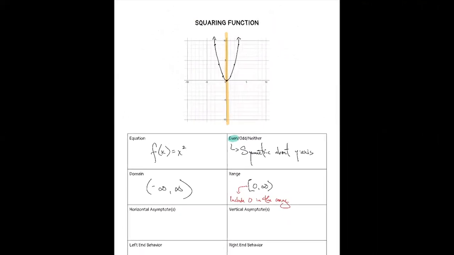All right, tell me about vertical asymptotes. Are there any vertical asymptotes for this function? Oh, okay, David, great question. What's the difference with domain and range? Domain is your input values and range is your output values. Does that make sense?